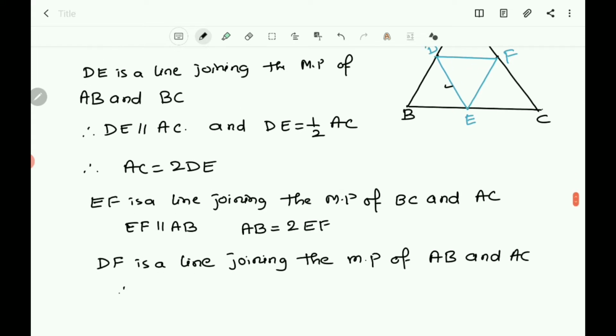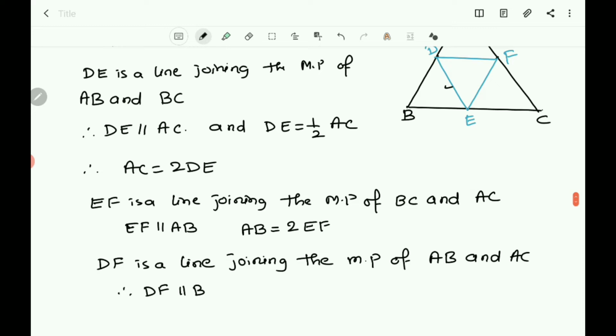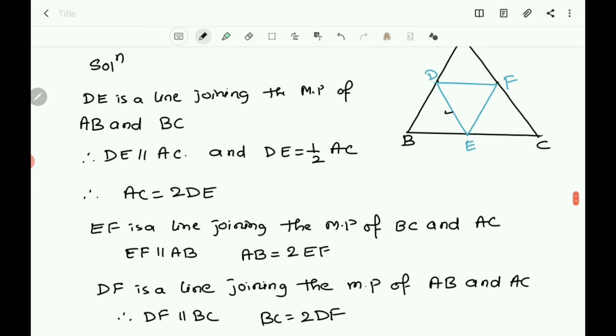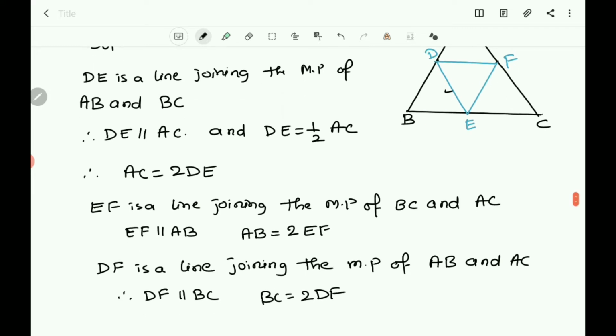Therefore, DF is parallel to BC, and also BC is equal to 2DF. That is, DF is half of BC and DF is parallel to BC. So BC is equal to 2DF.